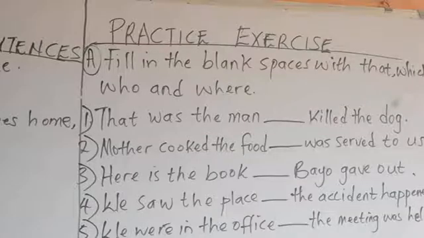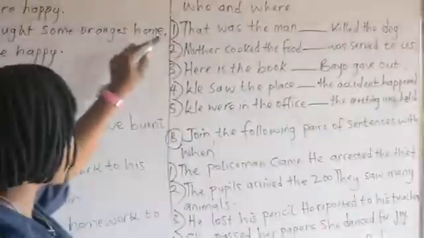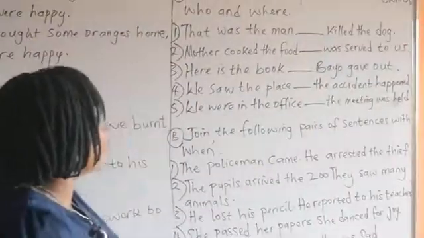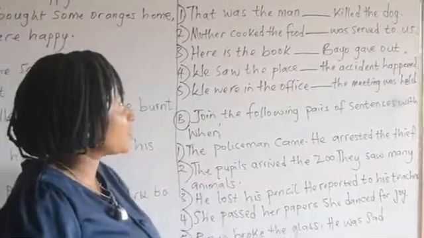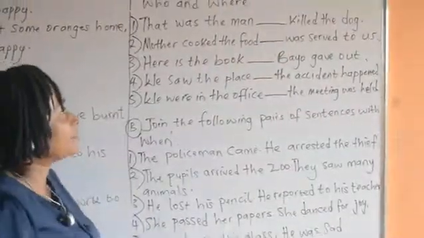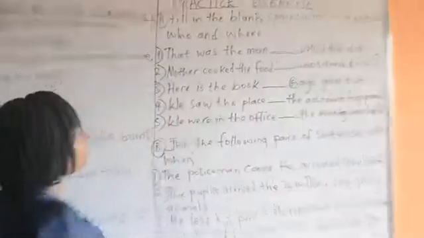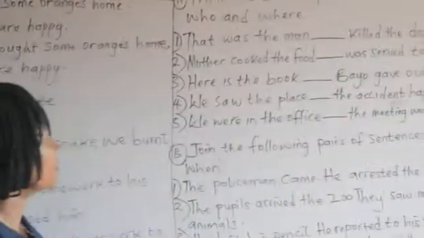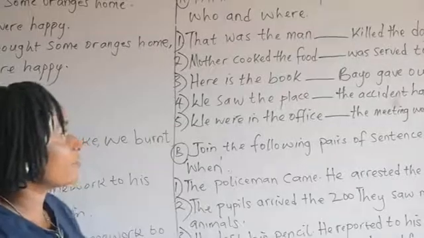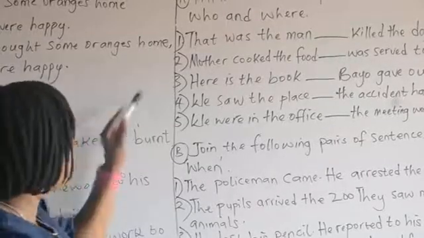The words that, which, who, and where. So in exercises 1 to 5, you are to fill in the blank spaces with the words that, which, who, and where. 1. That was the man dash killed the dog. You fill in the correct word. 2. Mother cooked the food dash was served to us. 3.